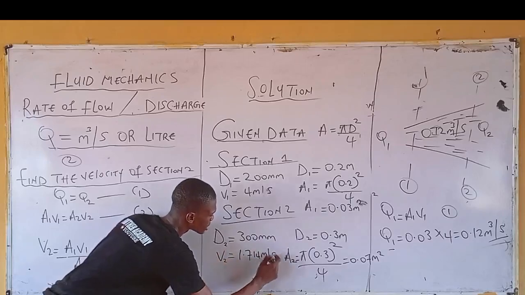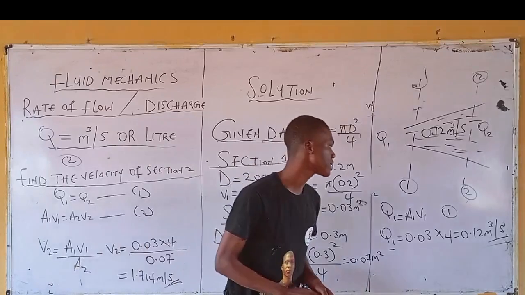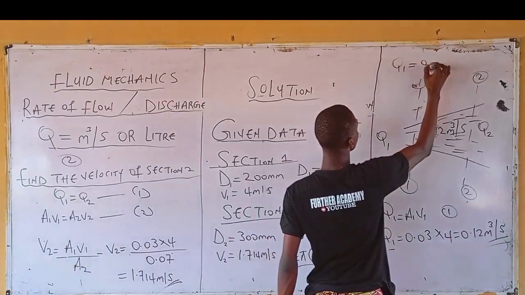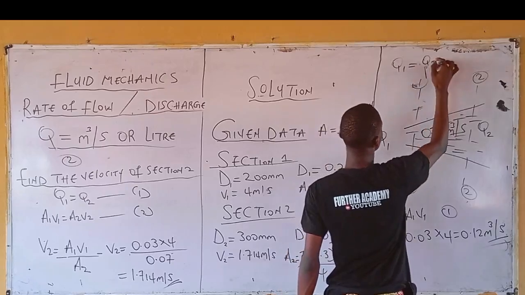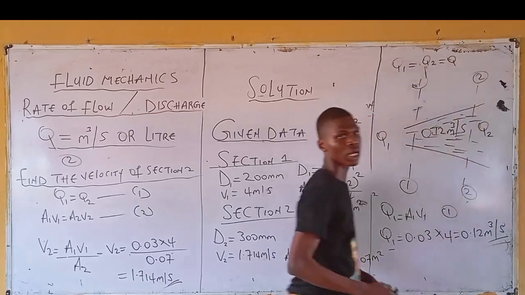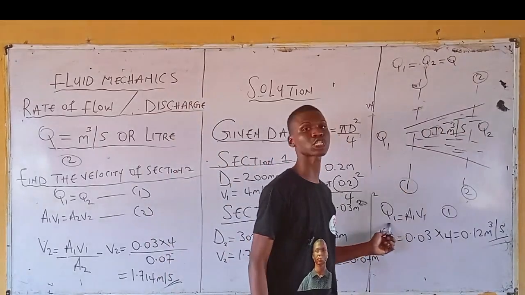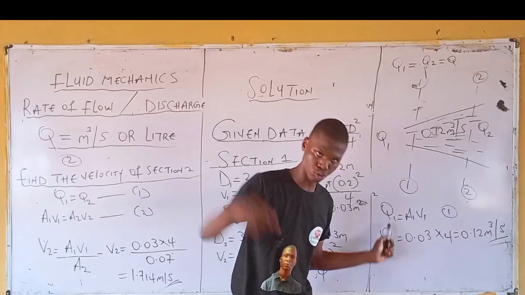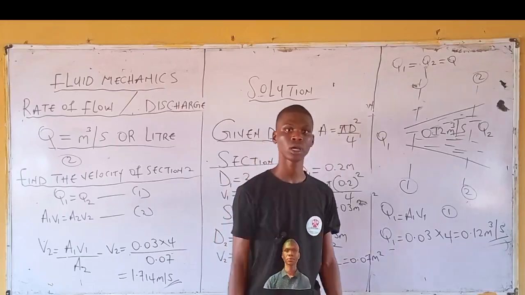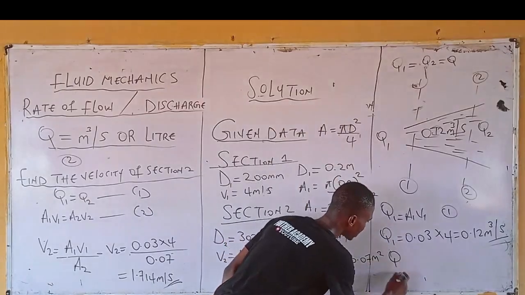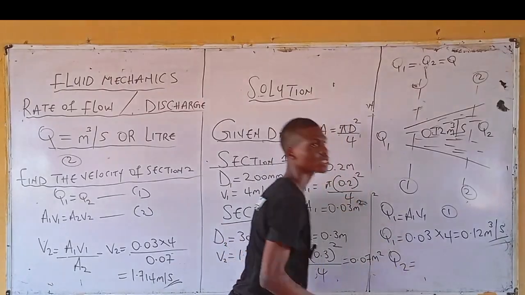And earlier we said that Q1 is equal to Q2, which is equal to what? Q. Now, we found the quantity of flow through this pipe using section 1. Now, let's use section 2. It must be the same. Using section 2, meaning Q2, identify the area and the velocity.